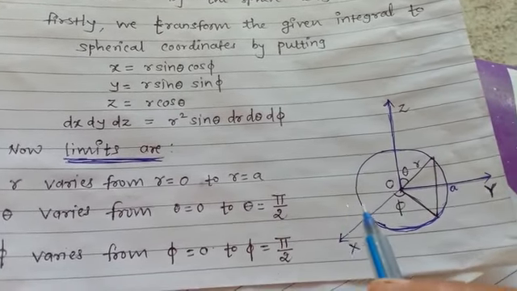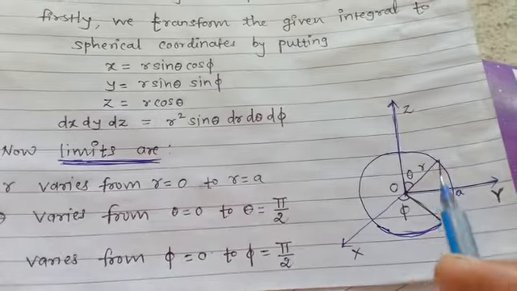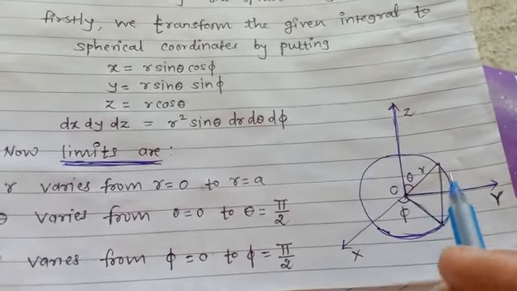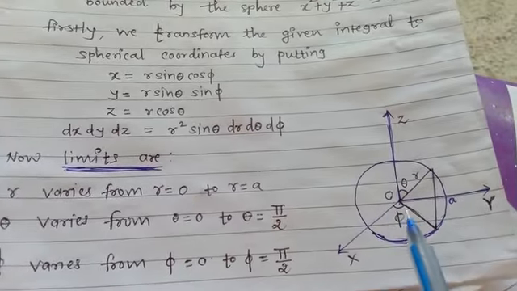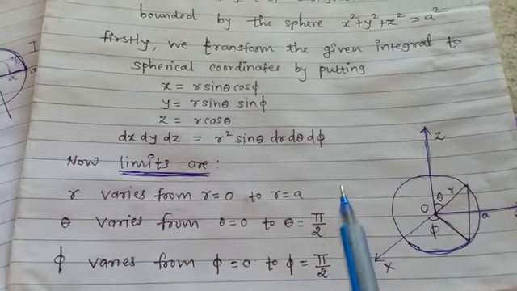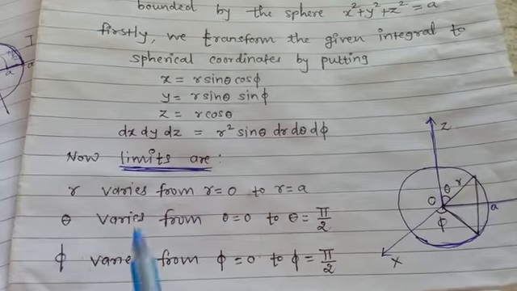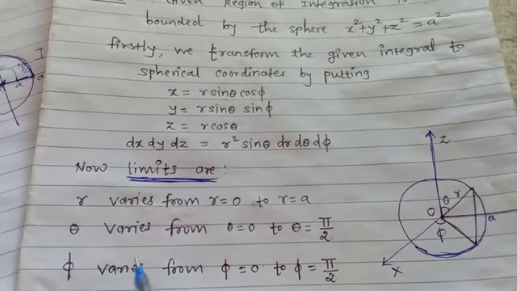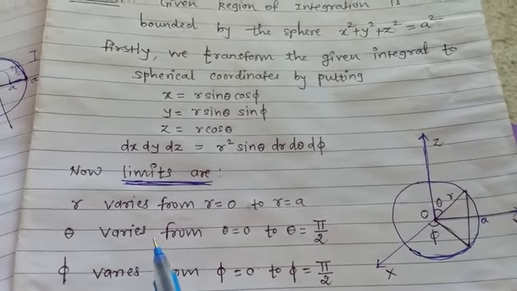That means in the first octant all angles move from 0 to pi by 2, and our radius is as usual from 0 to a. So these are the limits of r, theta and phi. Now using these limits we find our triple integral.